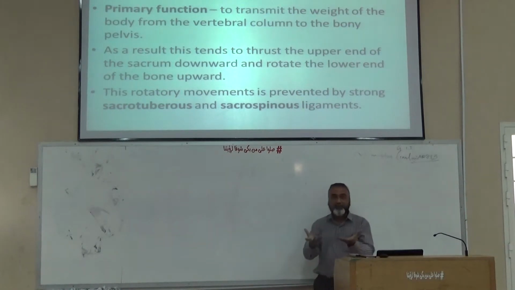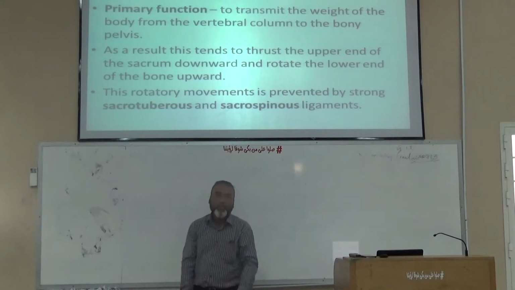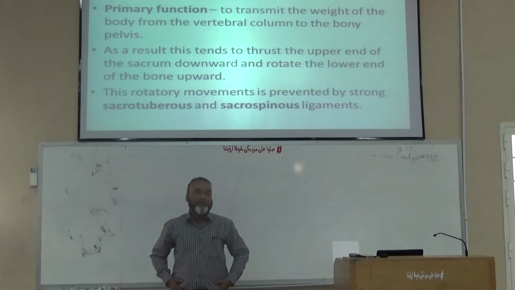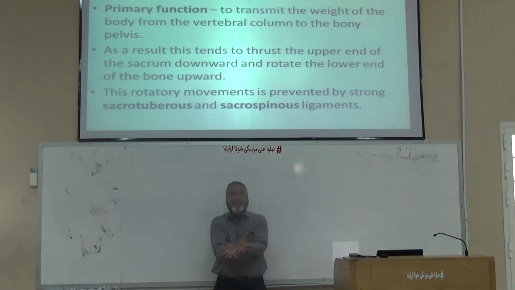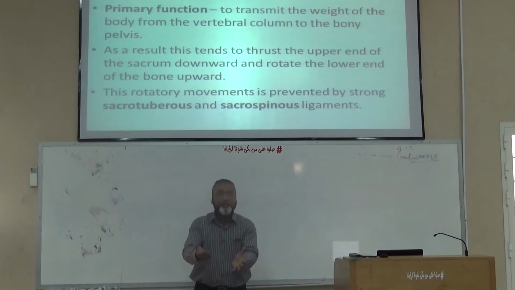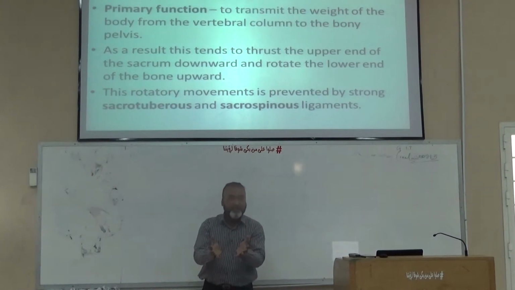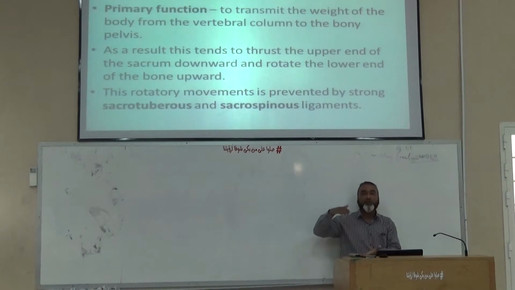What is the pelvic girdle? We have the pectoral girdle here. Similarly, we have the pelvic girdle. The model which I brought has the two iliac bones, and behind we have the sacrum. This is forming the pelvic girdle. So the sacroiliac joint helps in the transfer of the weight.